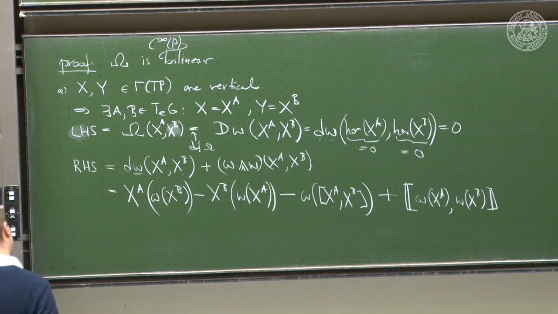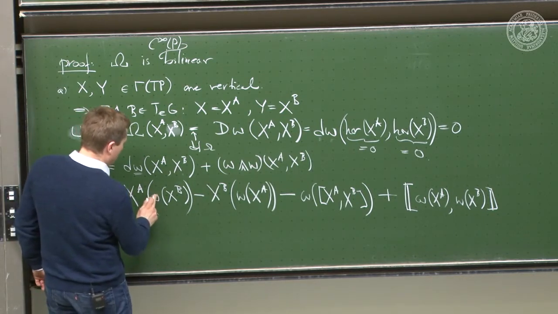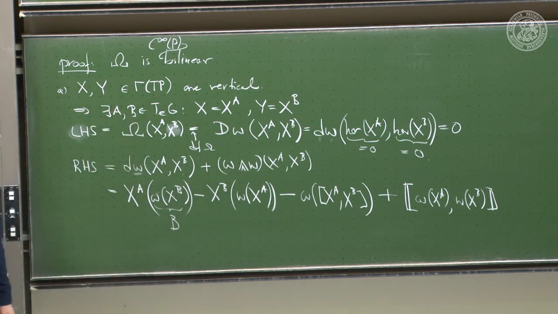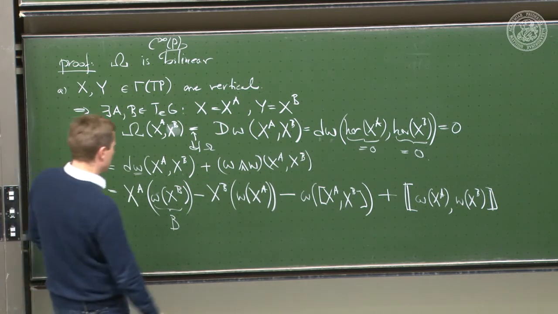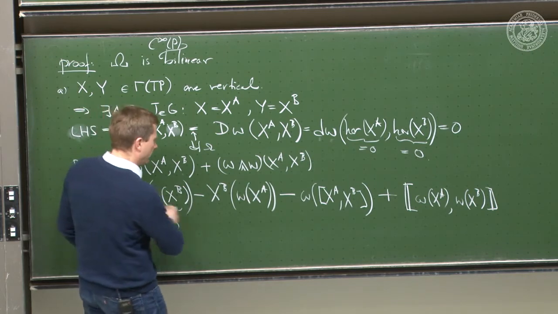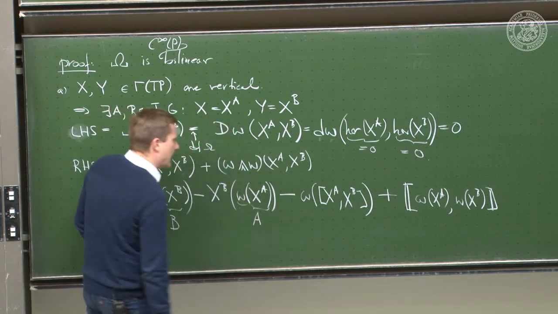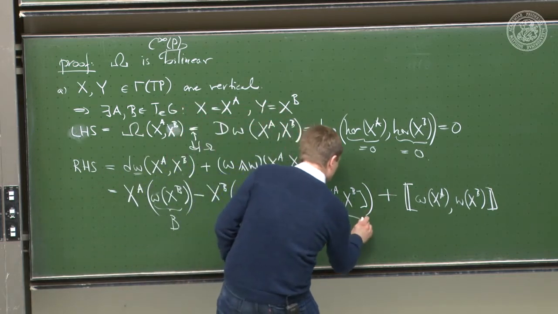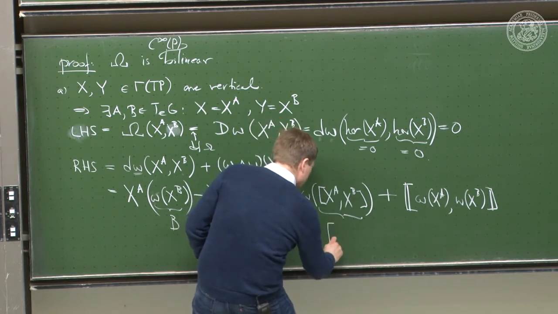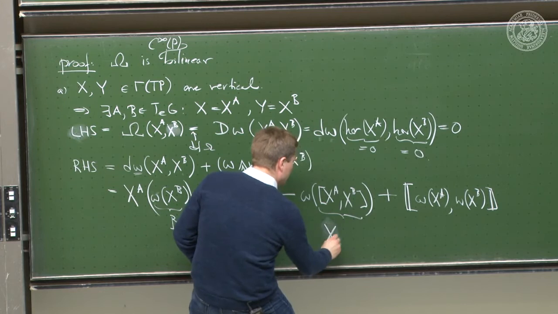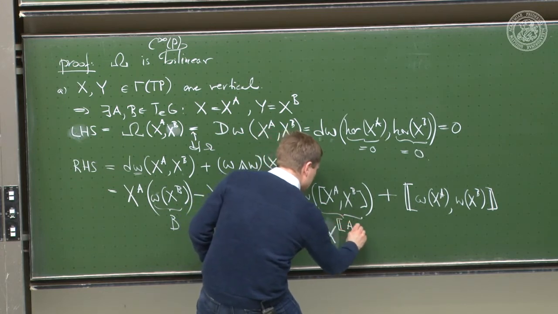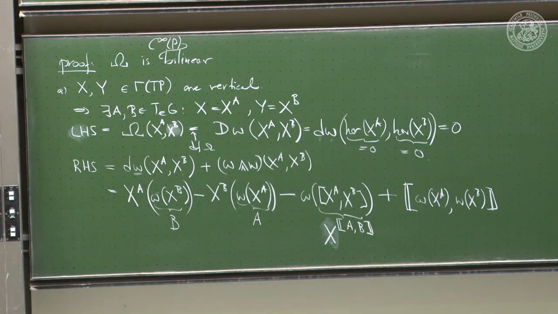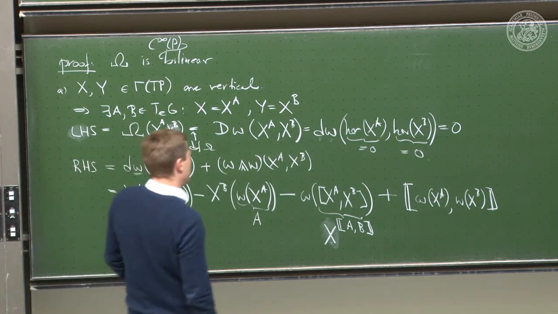So how does this evaluate? Well, what is the omega of such a vertical vector field? Well, it just yields the Lie algebra element B that produced it. That's a property of omega being a connection 1-form. Here it yields the A. Here we mentioned this. This is the induced vector field, namely the one induced by the Lie bracket of A and B, because this map is a Lie algebra homomorphism.